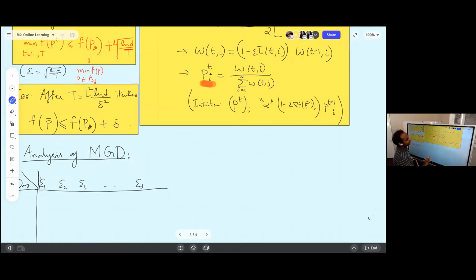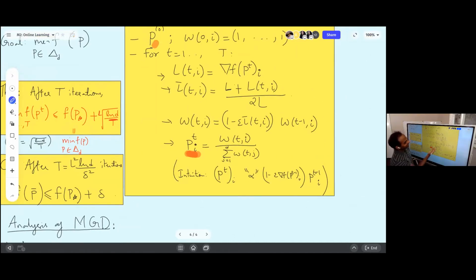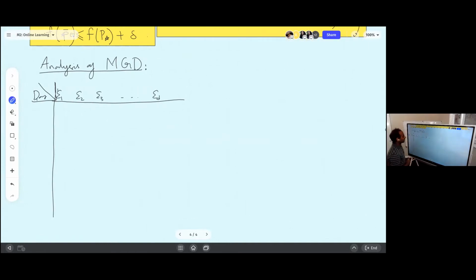If you look at this update, it's kind of giving away the answer in that I called L of t comma i the gradient. So that's exactly what we're going to do. I have a P0. For day one, the losses are exactly determined by the gradient. I look at the first coordinate of the gradient, that's the loss of the first expert.